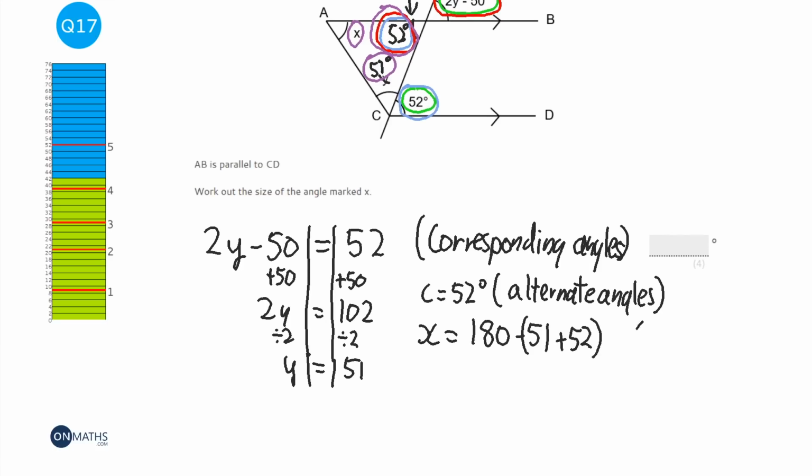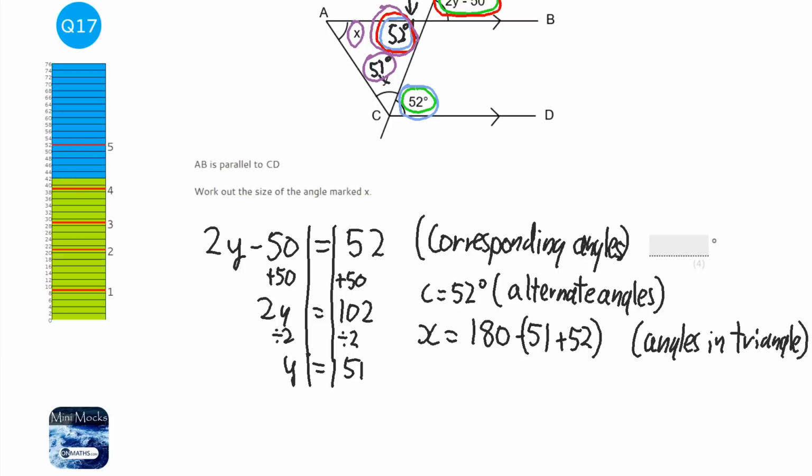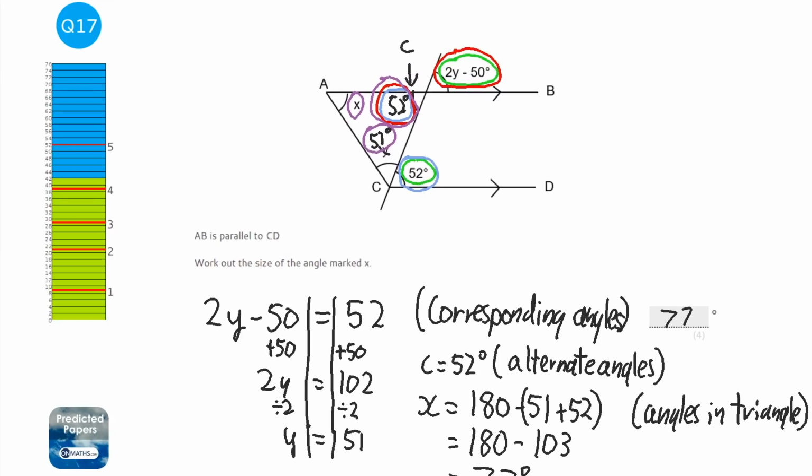And the reason is angles in a triangle. Okay, so I know that 51 plus 52 is going to be 103. Therefore, that's going to be 77 degrees. So my answer is 77 degrees.